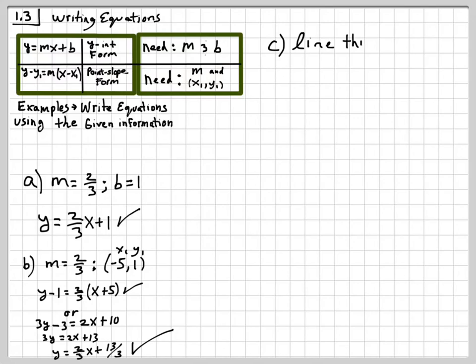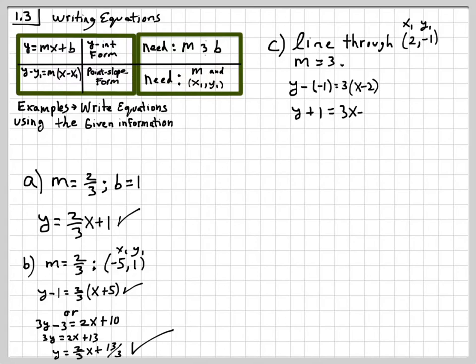Okay, we continue. In the next example, the requirements are that the line goes through the point (2, -1) and that the line also has a slope of 3. Once again, in this example, I have a point and a slope, so I'm going to use the second form of the equation in the box, the point-slope form.